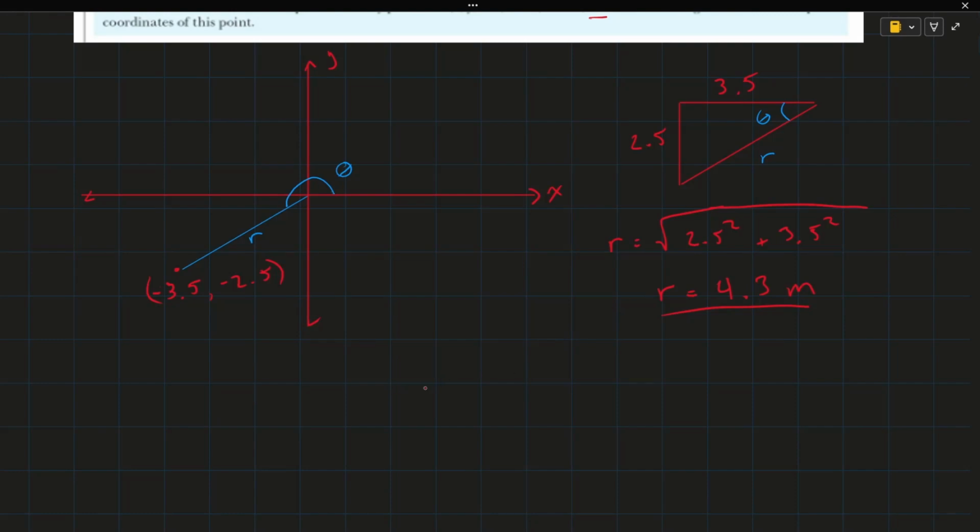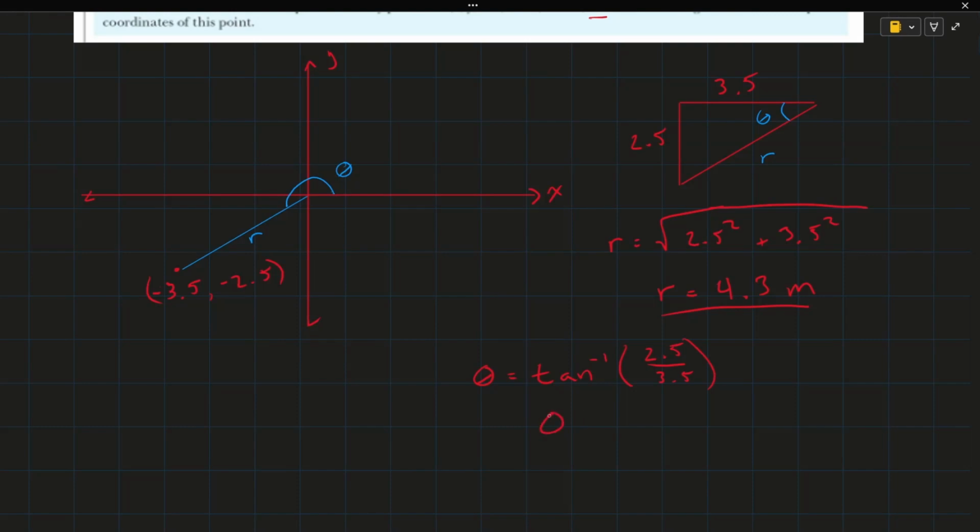So it's always a good idea to use what was given whenever you can, as opposed to something you calculated. In most cases you'll get it right, but you always want to check that. So theta is going to be equal to the arctan of y over x, which in this case is 2.5 over 3.5.